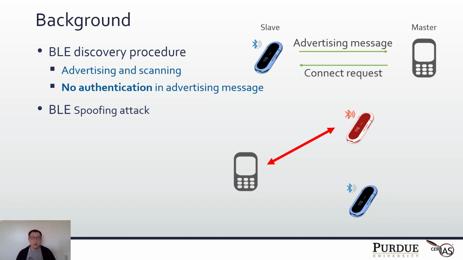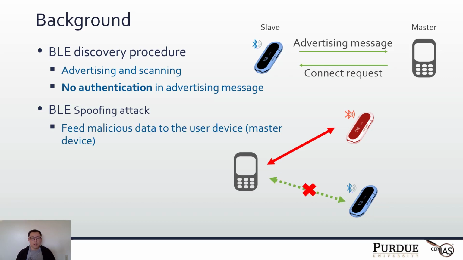The master device then establishes a connection with the malicious BLE device, and therefore the attacker is able to feed malicious data to the user. Assume we have a smart glucose monitor. With a spoofing attack, we may receive the wrong blood sugar level and take the wrong medicine, which can lead to severe consequences.